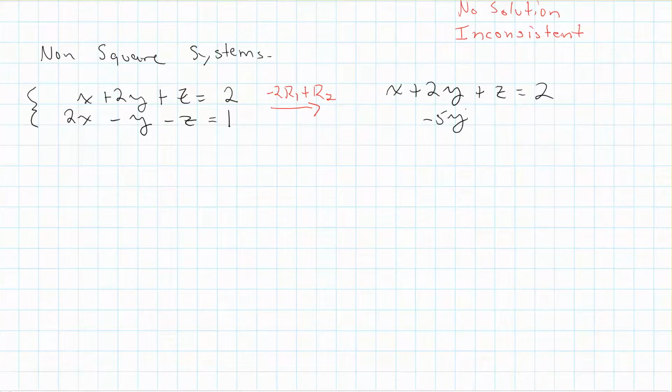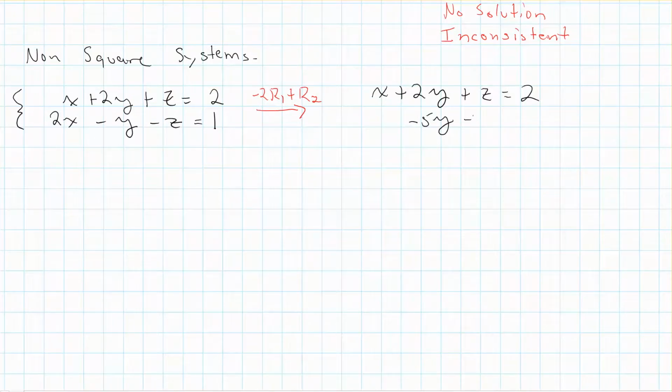And then -2 times z, which is -2 plus -1, which would be minus 3z. And then I've got -2 times 2, which is -4 plus 1, which is -3.